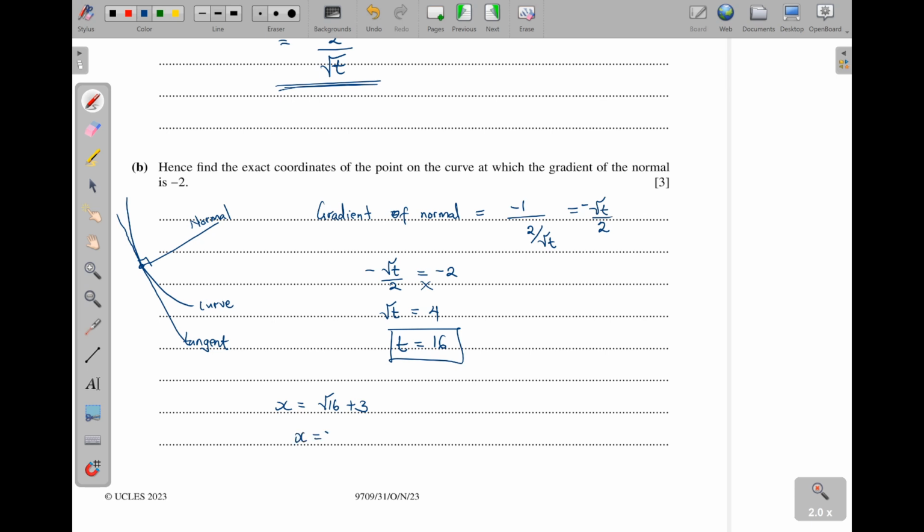So x here is 7. And then what will be y? Y is natural log of t, which is 16. So meaning the exact coordinates of the point are 7 and natural log of 16. Okay, so that is that. So this has been it for this first part of this paper.